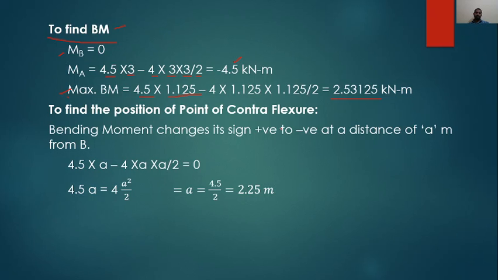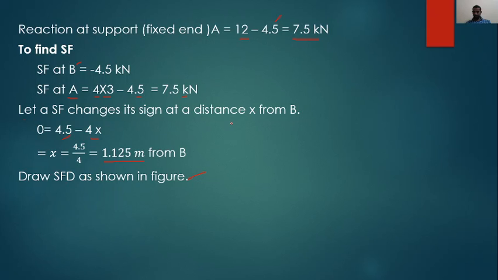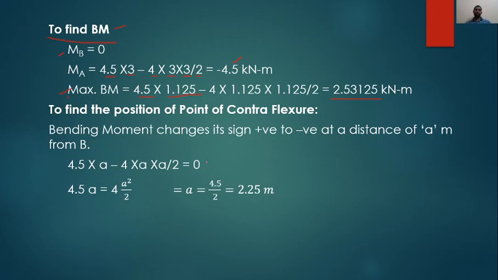Then let us calculate the point of contraflexure. It is a point where bending moment changes its sign from positive to negative or vice versa. That means exactly at that particular point, bending moment is exactly 0.